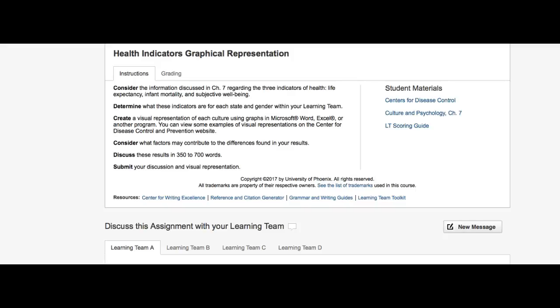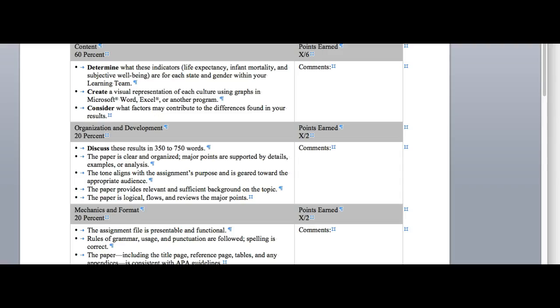And so what you're going to have is a brief narrative, and then you're going to have research with a visual graph for each of the indicators showing your different states, and then you'll have references as well. Now let's take a quick look at the rubric.